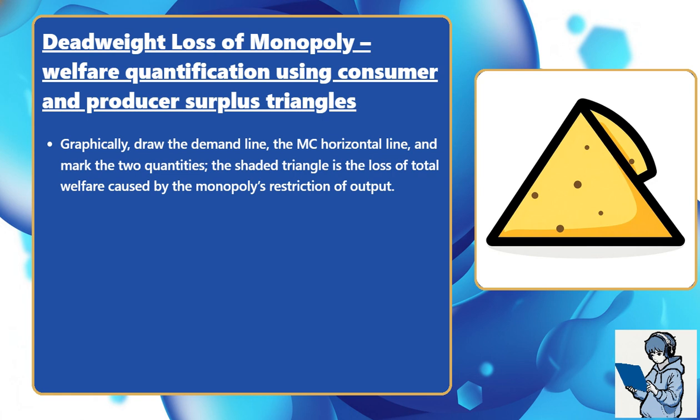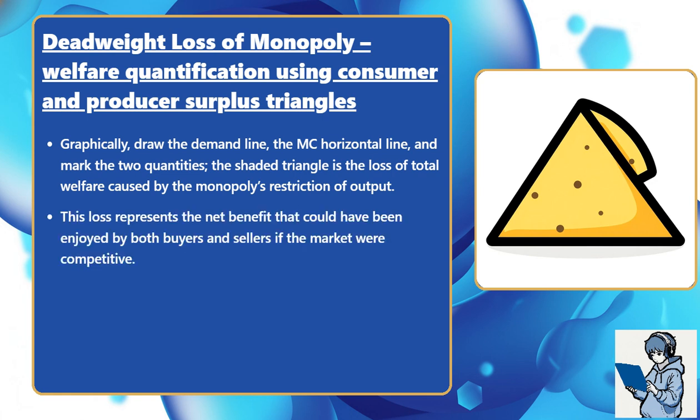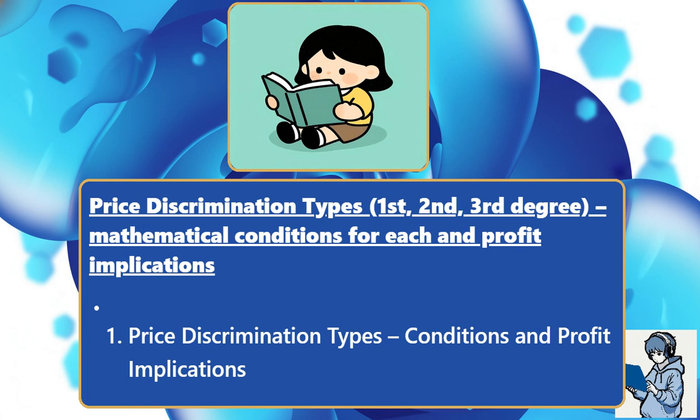Graphically, draw the demand line, the MC horizontal line, and mark the two quantities. The shaded triangle is the loss of total welfare caused by the monopoly's restriction of output. This loss represents the net benefit that could have been enjoyed by both buyers and sellers if the market were competitive.